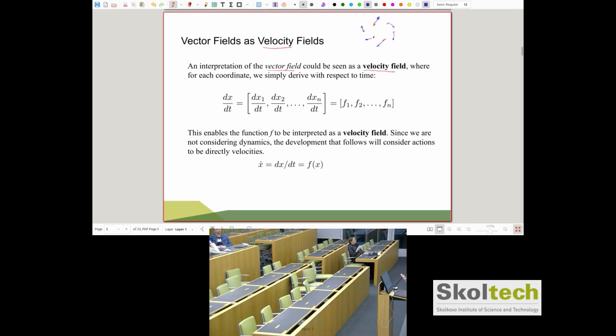Maybe the right way is to augment the state space, but if we have a state space that is only position, then you can consider that these velocity fields are indicating velocities of these particles. So with this we have more information. The same happens here.